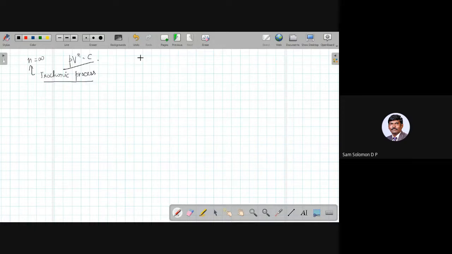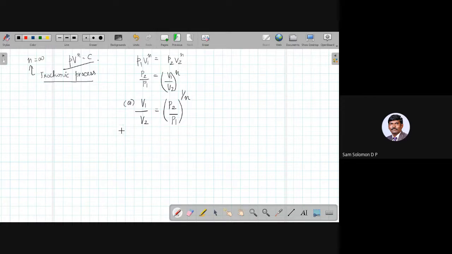So for PV^n equal to constant, let me say P1 V1^n equal to P2 V2^n. I can write P2 by P1 is V1 by V2 to the power n, or I can say V1 by V2 is (P2 by P1) to the power 1 by n.